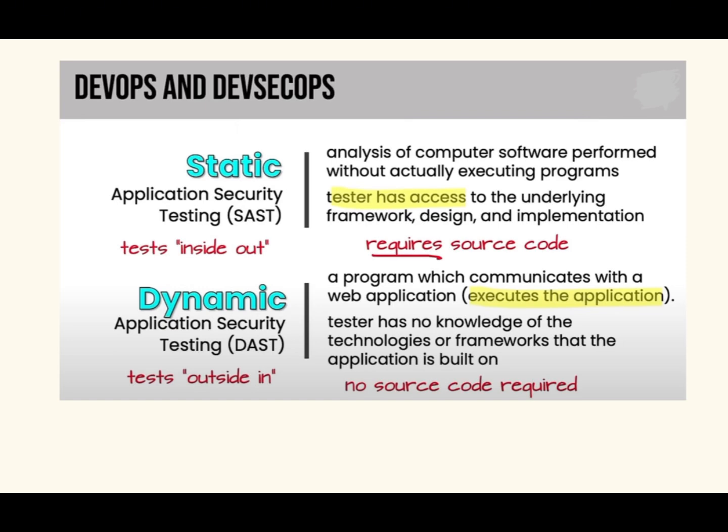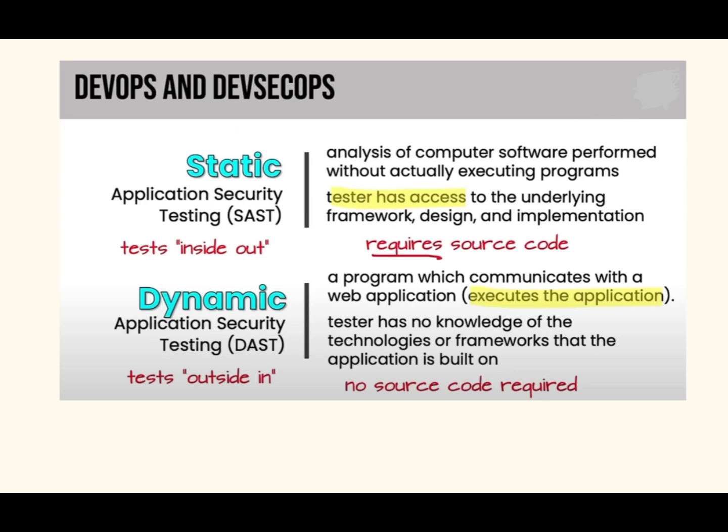So when you launch a website, DAST will try submitting script code in input fields to see if it executes, or bypassing login using strange characters and injection attacks. Why is it good? It finds real-world exploitable issues that happen only at runtime. It helps test production or staging environments, and needs no access to source code.